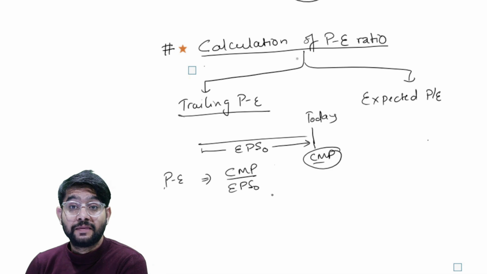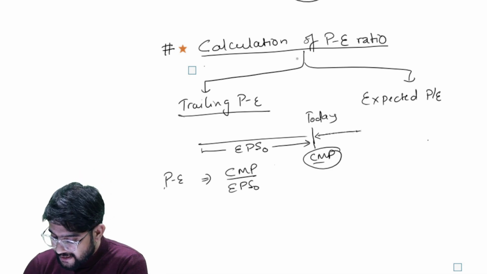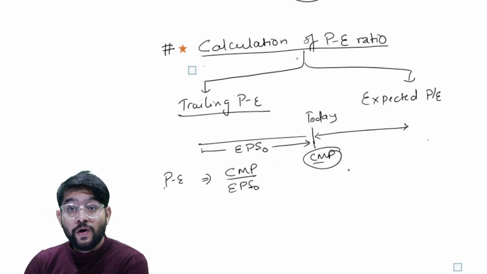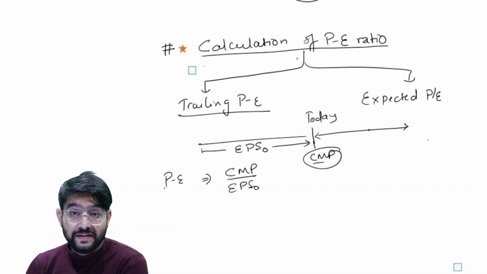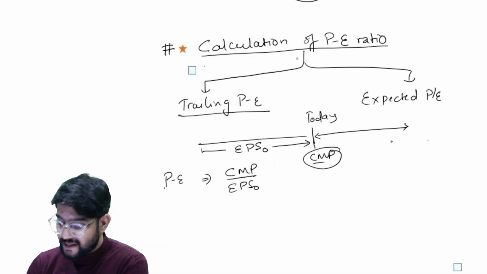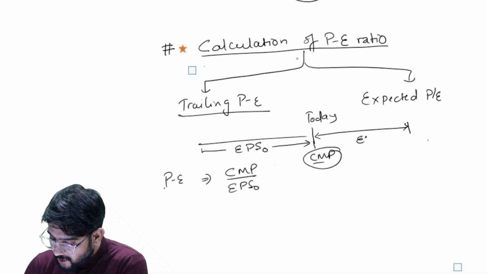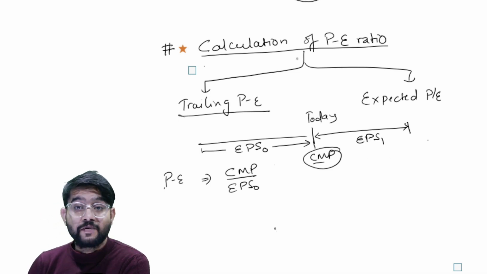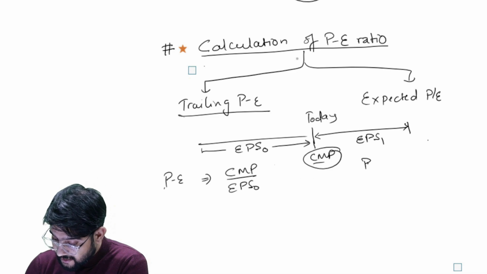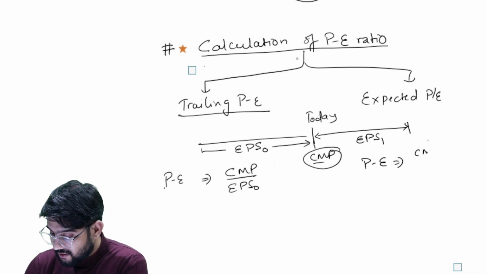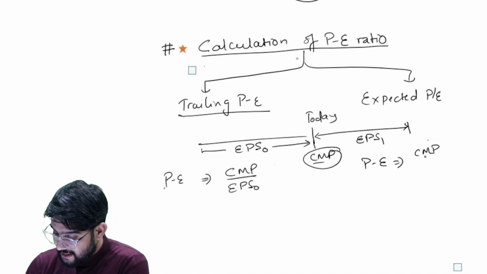CMP means current market price. And if we take the next 12 months EPS, expected EPS, we are estimating this EPS, that's why I am calling this expected EPS. This will be EPS 1, and the PE ratio will be called expected PE ratio.